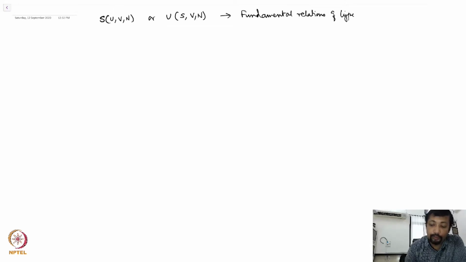We also saw that for an isolated system, which is not allowed to exchange energy with the environment, the maximization of the entropy is equivalent to the minimization of the energy, and that takes the system to an equilibrium state.